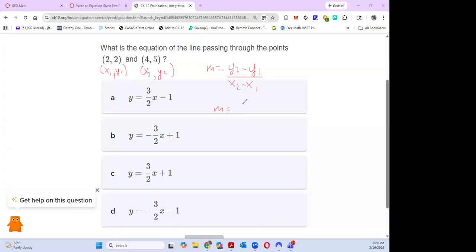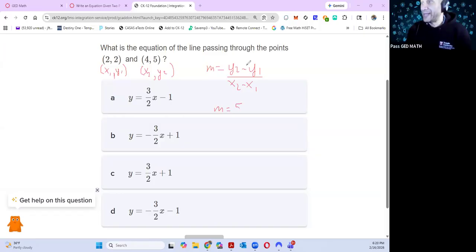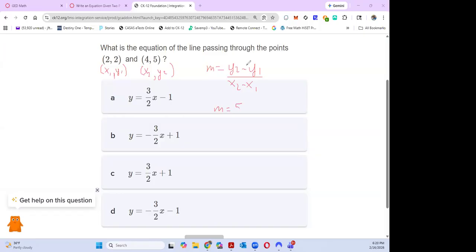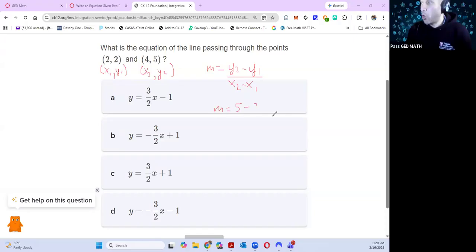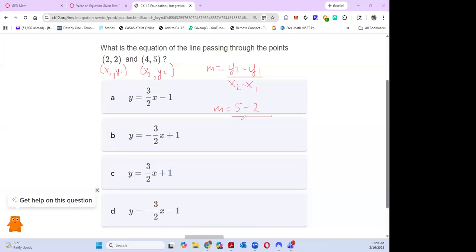What's my y2? Is it 5? 5 minus, okay, what's y1? 2. Over, what's x2? 4.